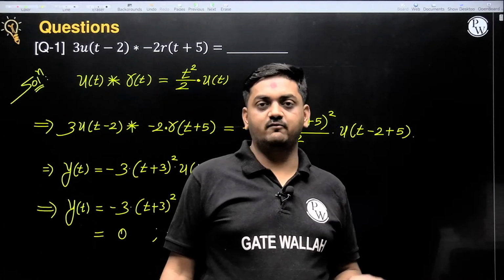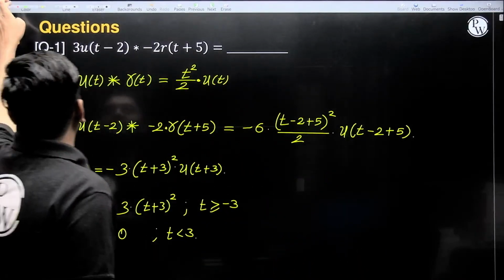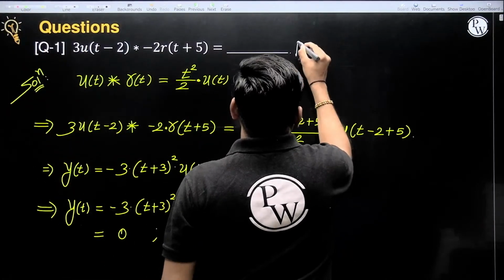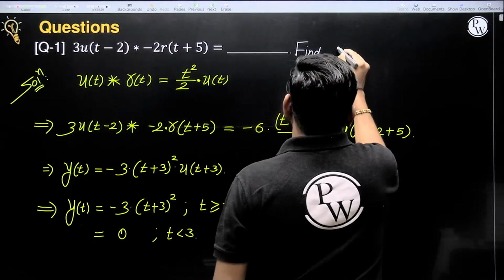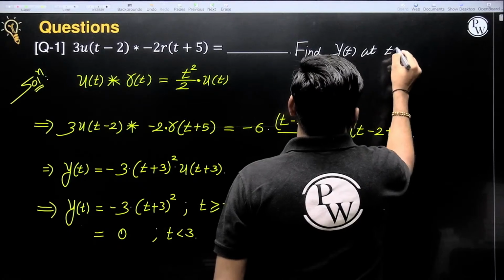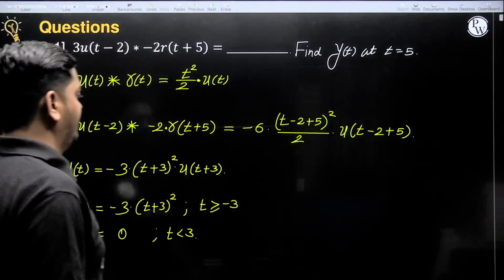They can ask like, find y of t at t equal to 5. Find y of t at t is equal to 5.